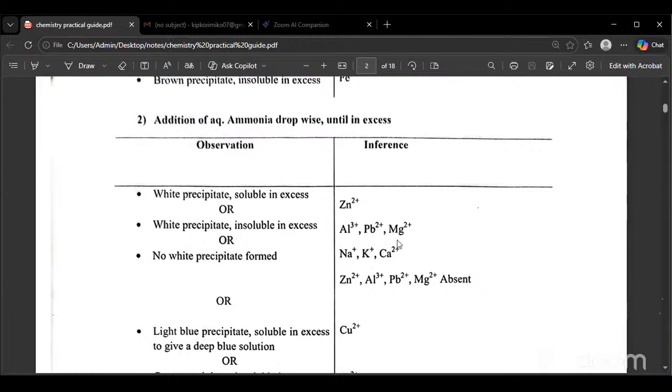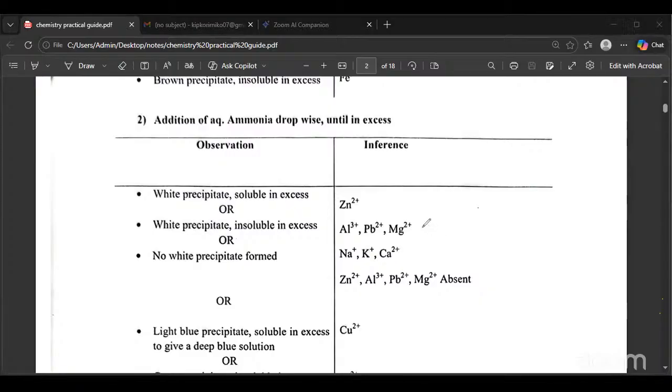This one you can remember. I normally call this one MAP. The other one we were calling ZAP, and this one is normally called MAP. It is normally helping students. When you're talking about ammonia, aqueous ammonia, this one has been written in full.